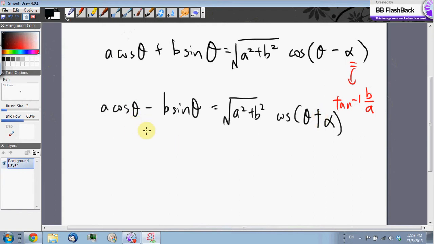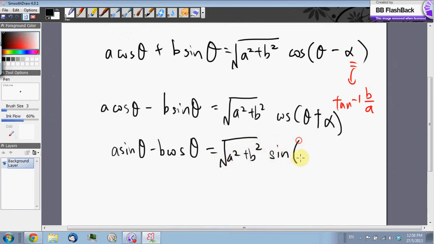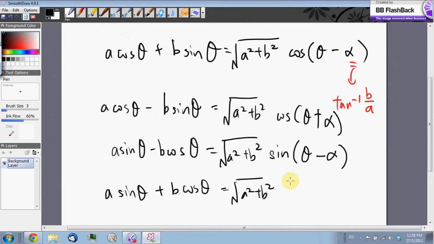In fact we can do it the other way around, where it's a sine theta minus b cosine theta, which will give me again the same a square plus b square, but now we have sine of theta minus alpha. And lastly, a sine theta plus b cosine theta is equal to root of a square plus b square times sine of theta plus alpha.